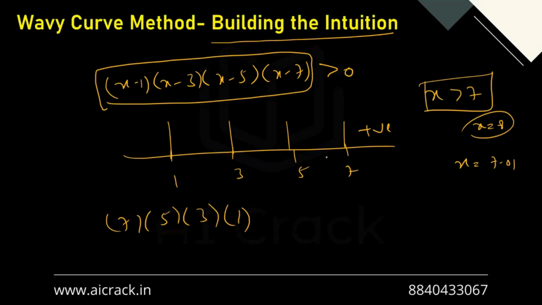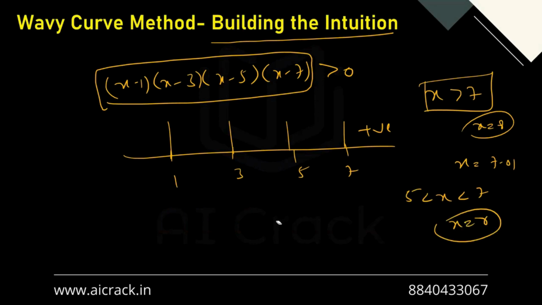Okay, now let's take the second zone. We have 5 comma 7 over here. So let's say x equals to 6. In that case, the first term would become 5, second term would become 3, third term would become 1, and fourth term would become minus 1. Now we have one single negative term over here, so that's why this would become negative.